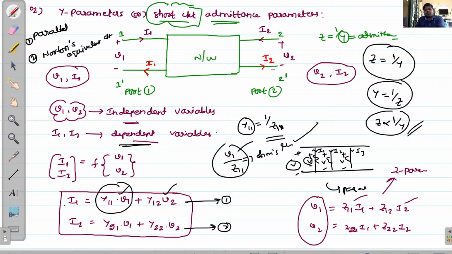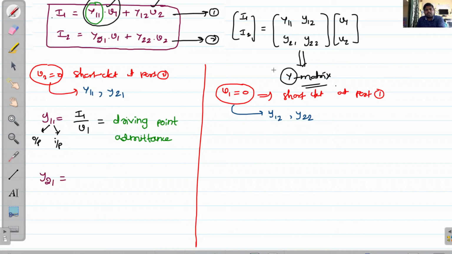So Y11 means, first of all, Y is nothing but admittance. The formula for admittance is current by voltage. So this Y11, Y is indicating admittance, but where do you get that admittance? At port 1: input at port 1, output also at port 1, which is also called short circuit input admittance.